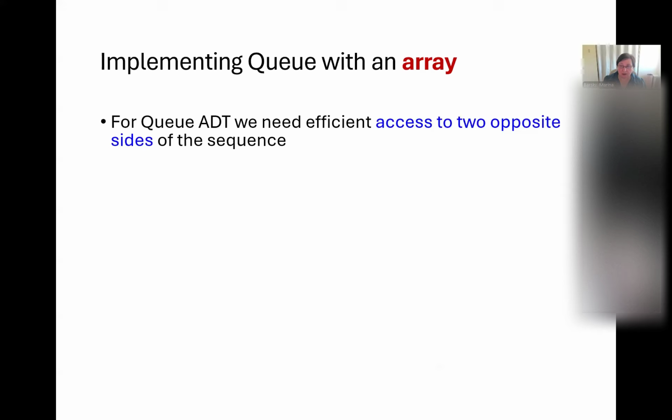Is there one side of the array where adding elements is easy? Can you try to remember? Where is it cheap to add a new element, in the beginning of the array or at the end of the array? At the end of the array, right? As long as there is space, we just place it in position size in the array. In the beginning, adding is really, really expensive because then we need to shift everything else.